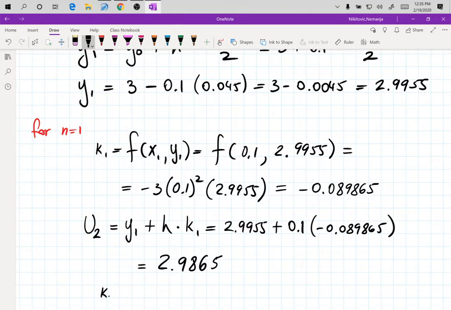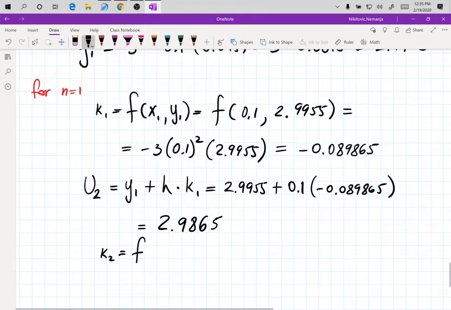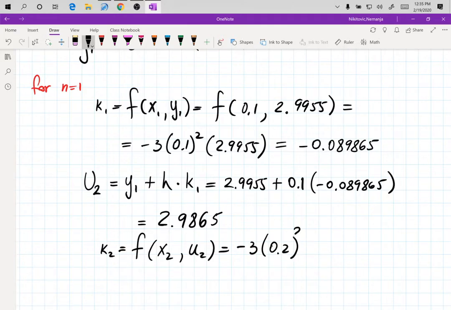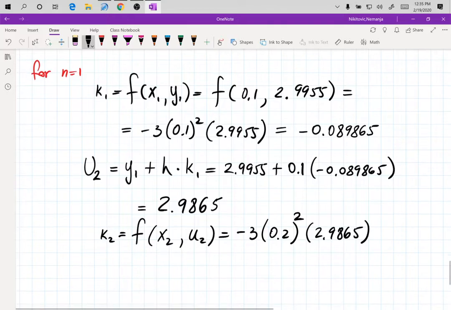Time to calculate K2, which is f of x2, U2, thank you, which is going to be negative 3. X2 is 0.2, right, because we go step up, squared, times U2, which is 2.98665.